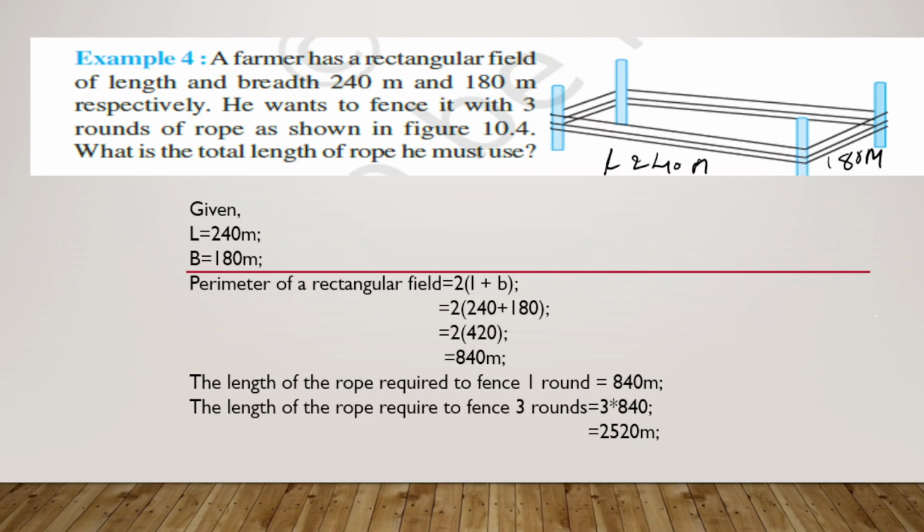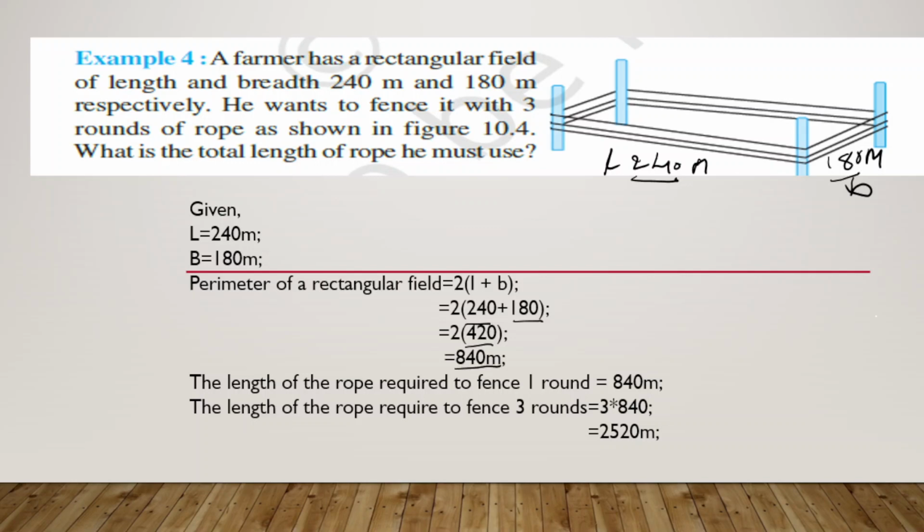Find the perimeter of the rectangular field, which is 2 into (L plus B). Let's substitute the values: L is 240 meters and B is 180 meters. So 240 plus 180 is 420. So 2 into 420 is 840 meters.